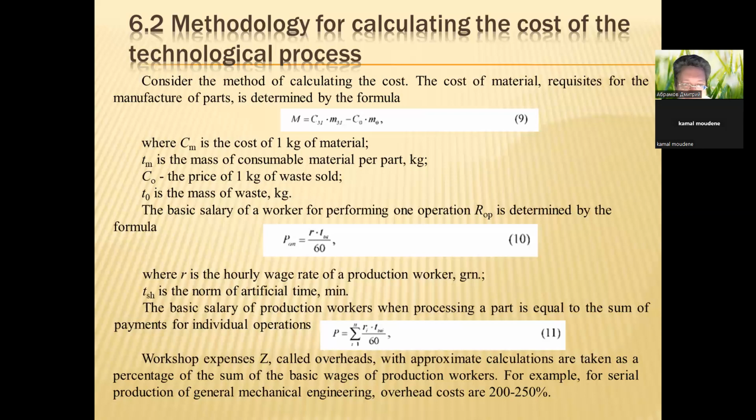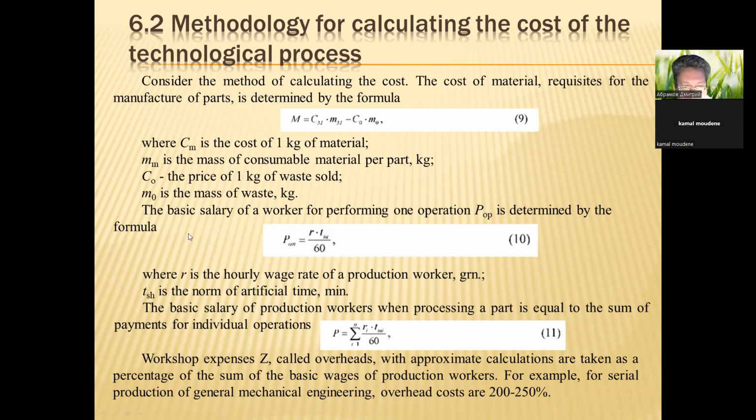The basic salary of a worker for performing one operation is determined by formula 10. So, the basic salary of a worker for performing one operation, P suffix OP, is determined by formula 10.